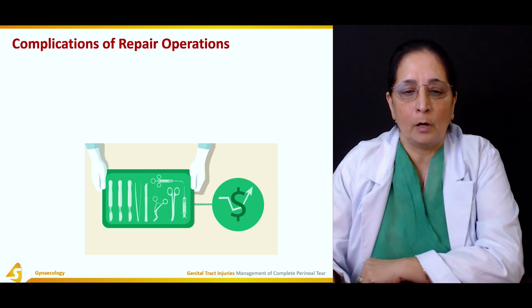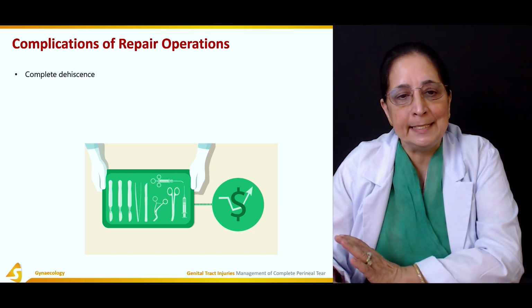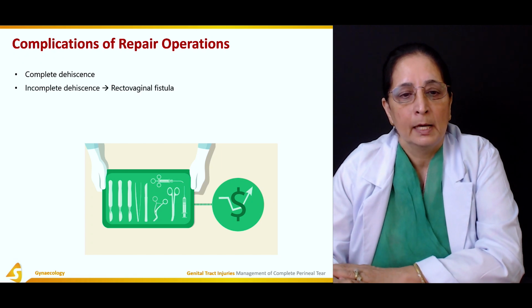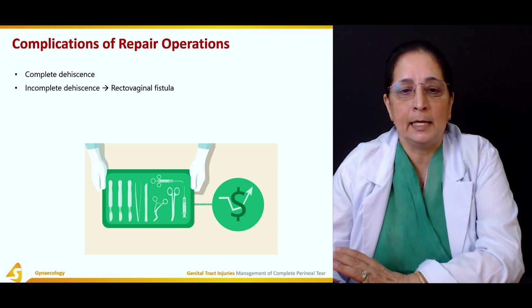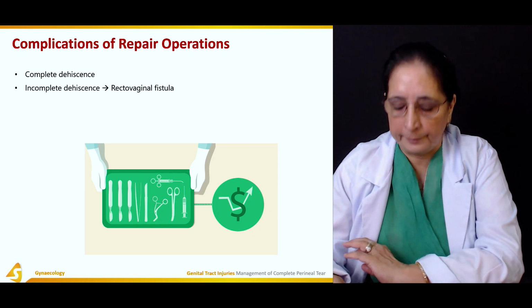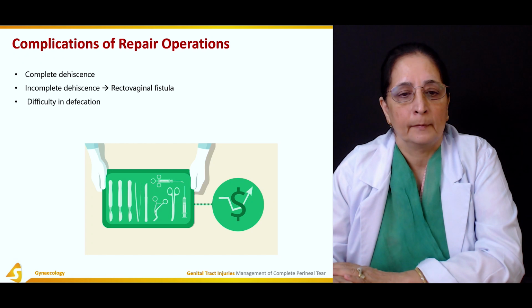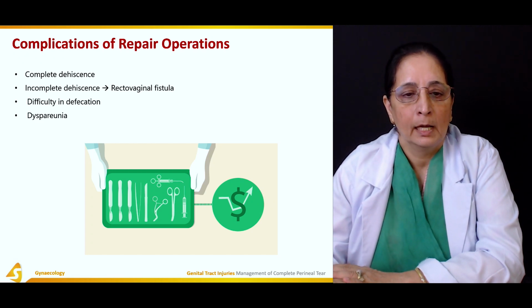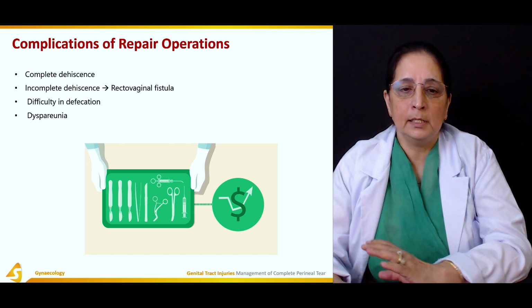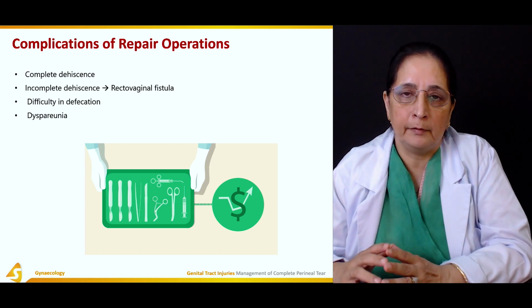Complications of repair operation: we have a complete dehiscence of the wound, and incomplete dehiscence, which can lead to rectovaginal fistula formation. Difficulty in defecation and dyspareunia. All these are the complications of the repair.